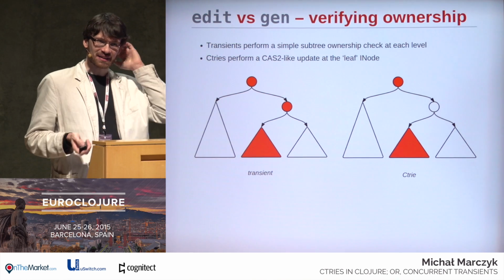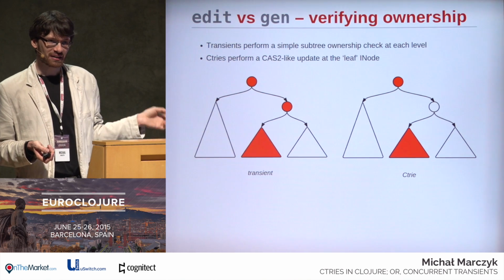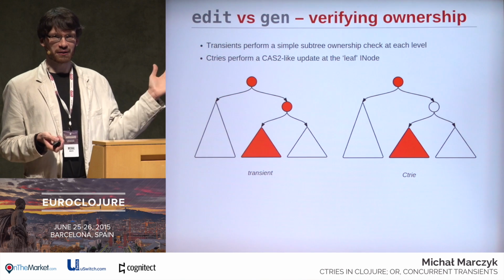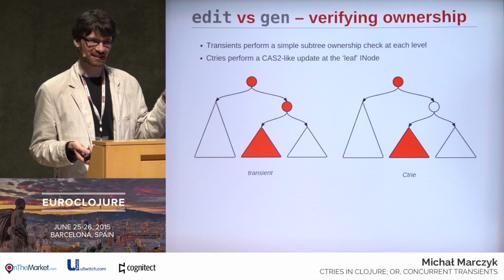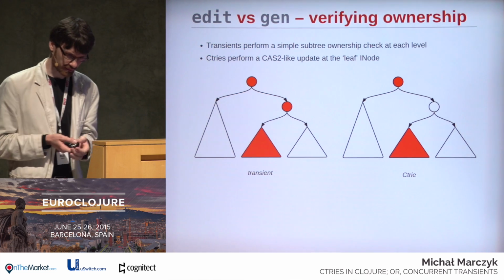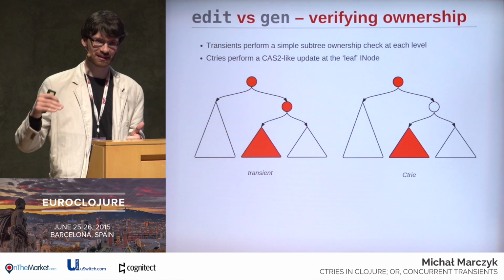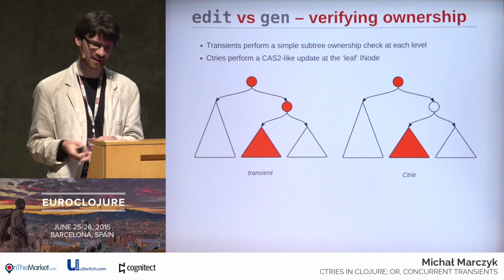Now, in ctries, instead of an edit marker, you have something known as the generation marker. Inodes store generation markers, and the root node's generation marker is the distinguished one. And you still have to look at them at each level as you walk down the tree for post-snapshot fixer purposes.